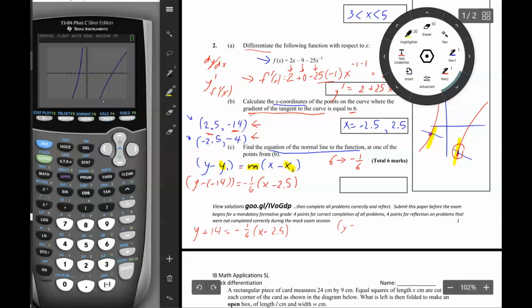I would do y minus negative 4 equals, and I would put negative 1/6 for that slope too, and then negative 2.5 here. And if I wanted to simplify that, it would be y plus 4 equals negative 1/6 times x plus 2.5. So you could answer with either that or with that. Okay.